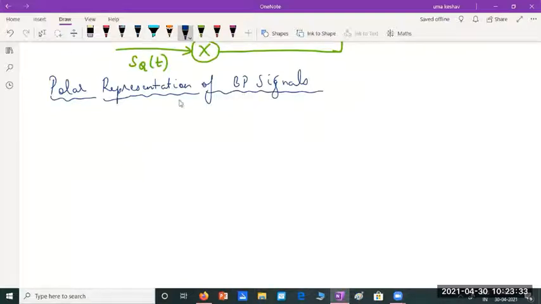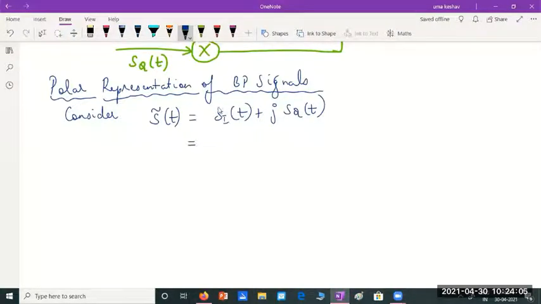So the next thing is polar representation of bandpass signals. For this, let's start off with, say, consider the complex envelope of a signal which can be represented as, what? We know it could be represented as in phase component plus j times the quadrature component.